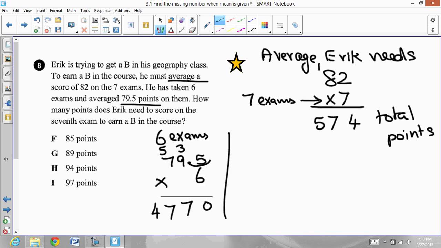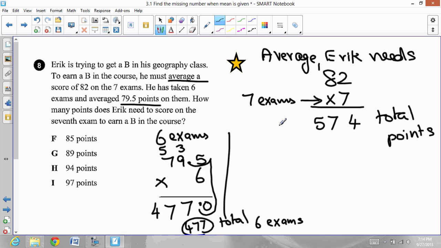Remember to move the decimal point. This comes from your unit 1. Bring it down, straight in, which comes to 477. So this is the total for 6 exams, whereas this is the total points for 7 exams.